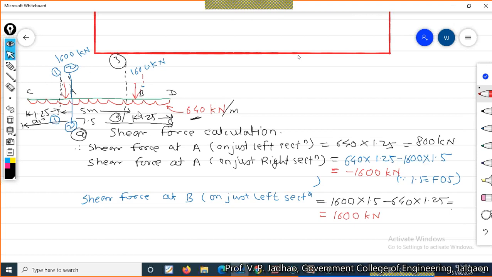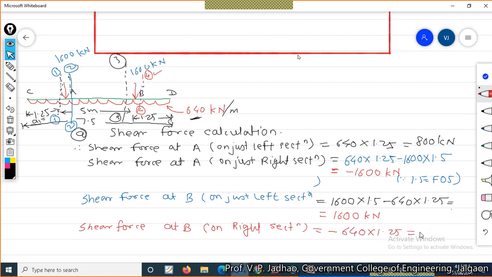Now, the right hand side of this section B. Let us consider this as section number 4. Therefore, shear force at B, with the section on the right side, will be minus 640 into 1.25.